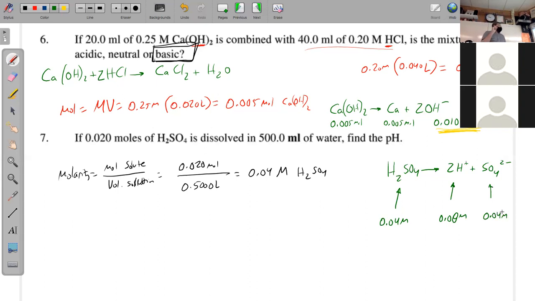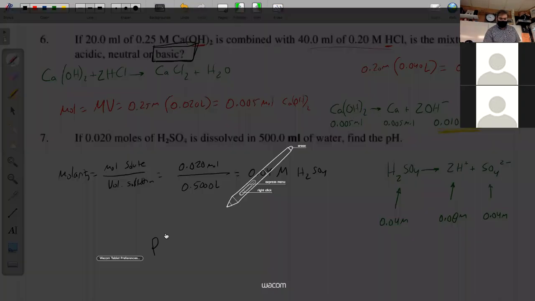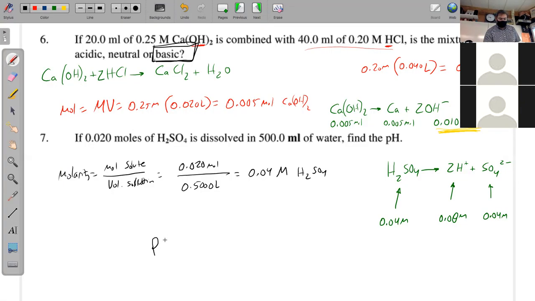The pH doesn't depend upon what the concentration of H2SO4 is, it depends upon what the concentration of hydrogen is. So when you calculate pH, pH is equal to the negative log of the hydrogen ion concentration. Same as the hydronium ion concentration, but here it's the same as hydrogen.